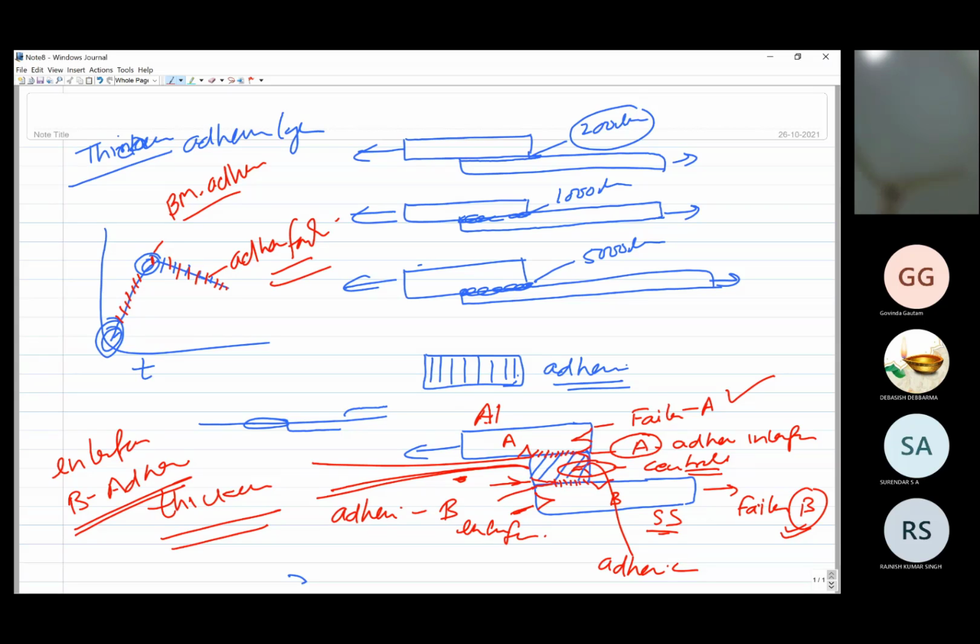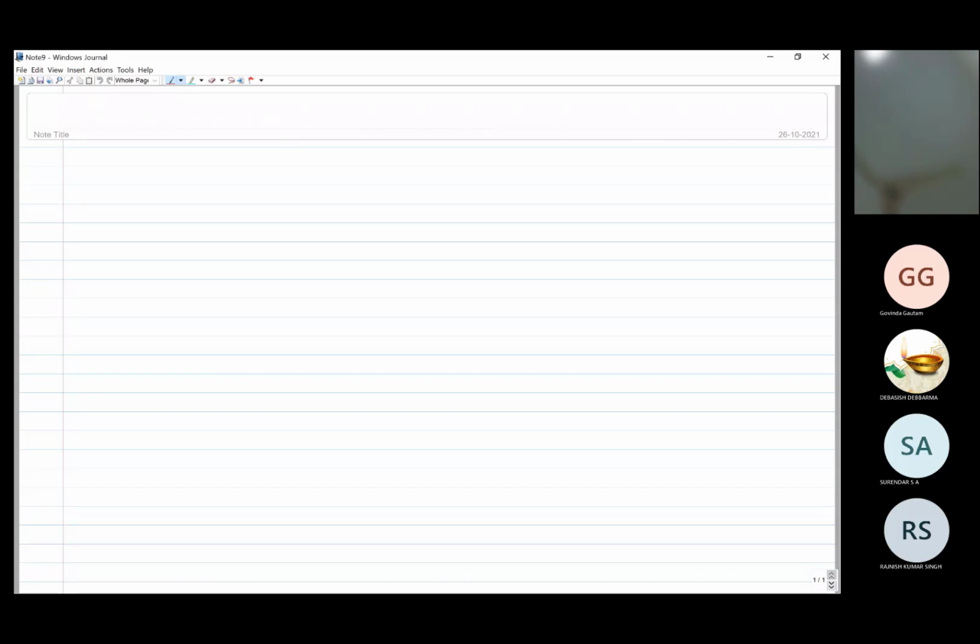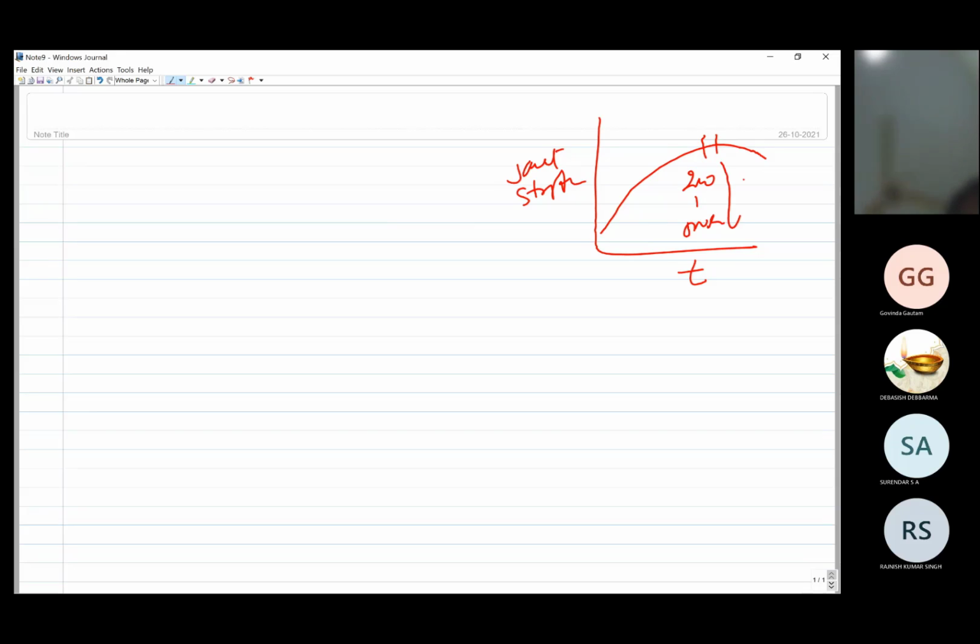So basically the thickness up to a limit, you see, the curve goes like this, thickness and the joint strength. Okay, so there is an optimum. This optimum may be very small or on the higher side, maybe 200 micrometer, 500 micrometer. So that has to be optimized.